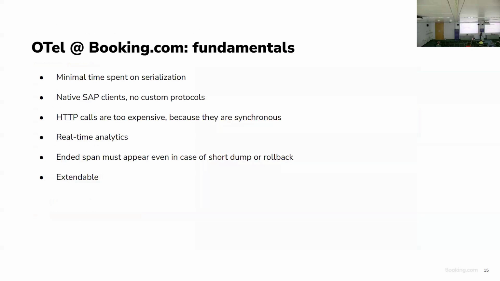And we decided to start our own implementation. It was not that much more work. So we had a few fundamental things as our core principles. First of all, we need to spend minimum time on serialization and deserialization. Yes, I saw Lars, for example, use protobuf, but it's a custom serialization, custom deserialization.